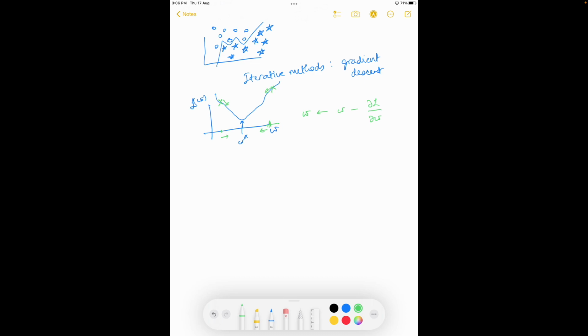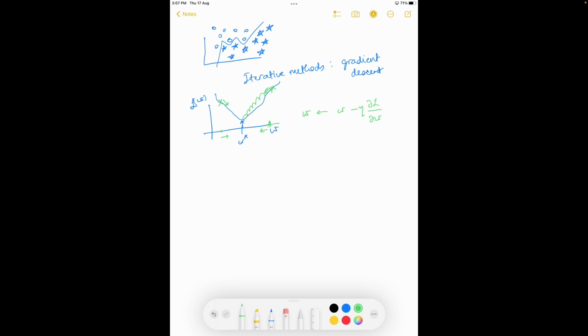So I have to have some control on my step size. That step size is eta. Let's say I'm sitting here and I decrease it by 100, and I will be outside the graph. So I have to control my step size. That step size is controlled by eta. Generally we take eta to be small so that it takes small jumps and finally reaches W star or close to W star.